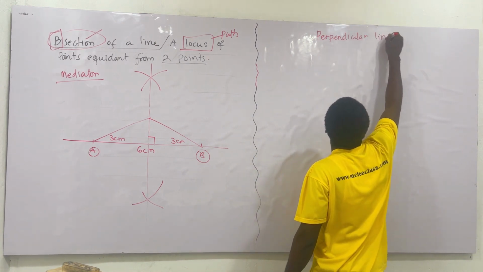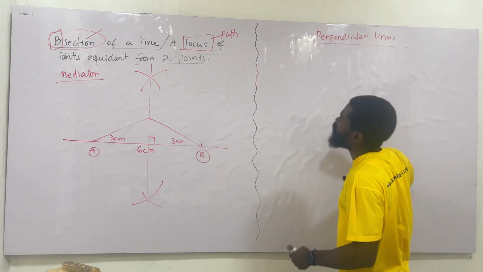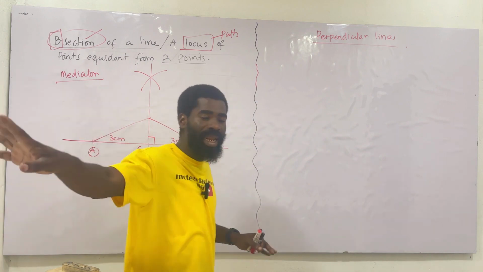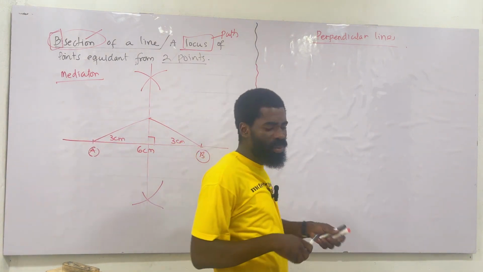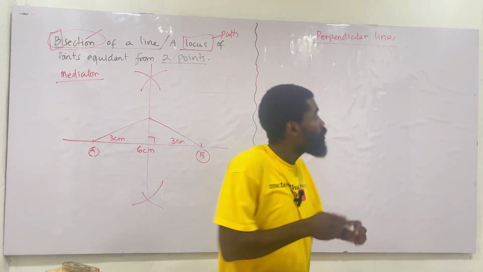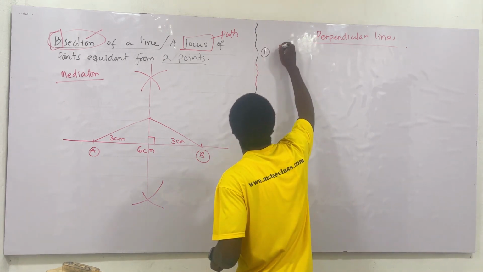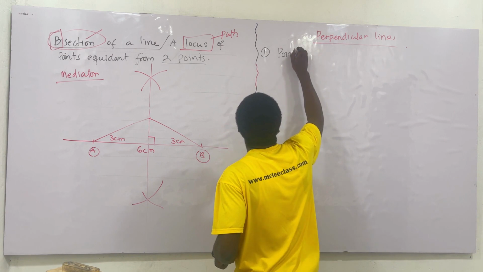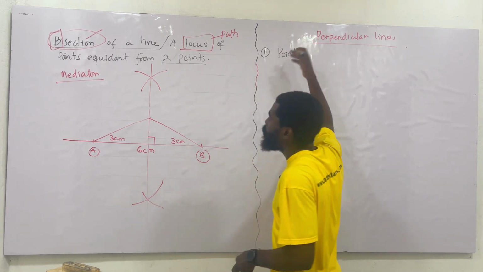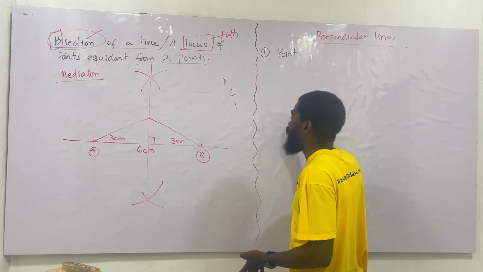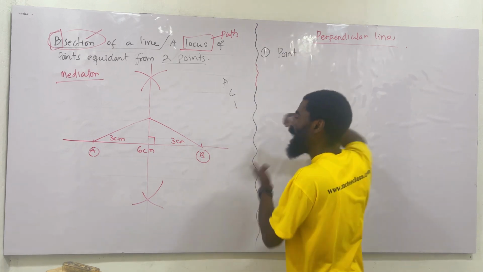Perpendicular lines. I said we are going to do three things here. For perpendicular lines, we are going to look at perpendicular with the point above or outside the line. Now, what do I mean by the point is outside the line? So first one, perpendicular, point. And anytime you hear point, then it's either A, B, C, these things are points. When I say a point, that means from A to a line.